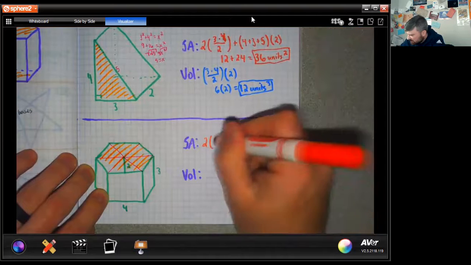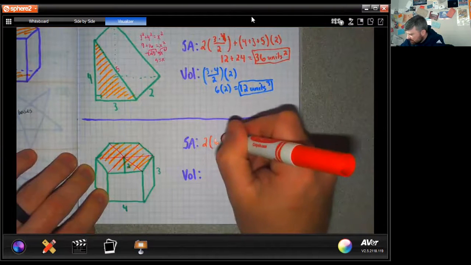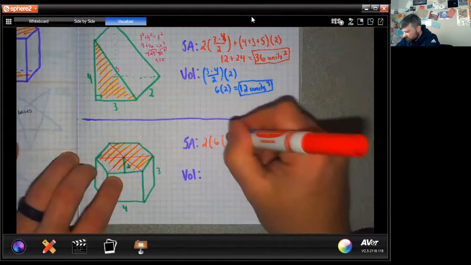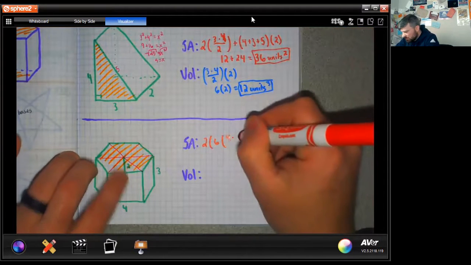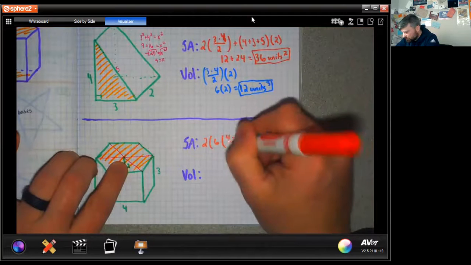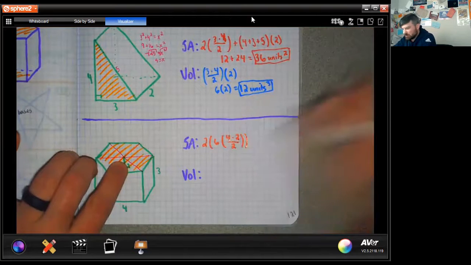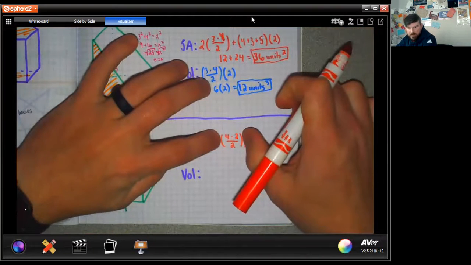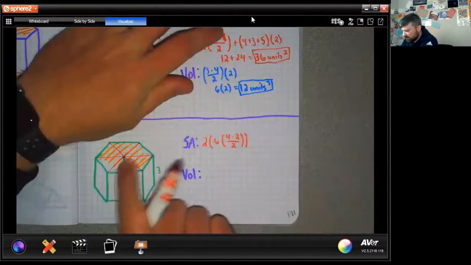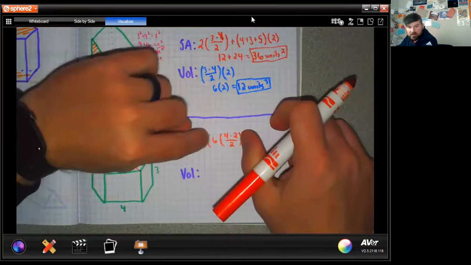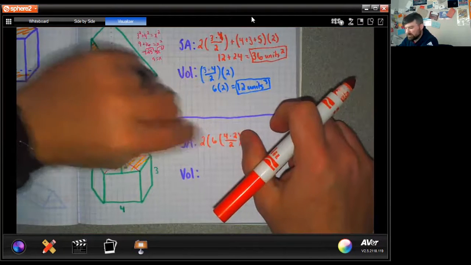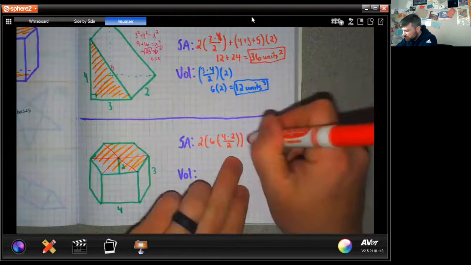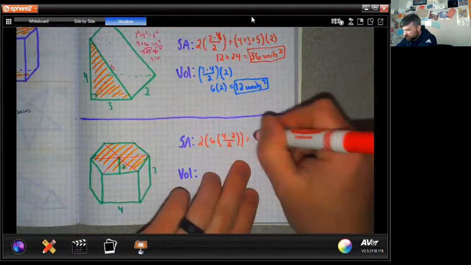So we're going to take 6 times the area of one of those triangles. So the base is 4 times the height is 2 divided by 2. That's a lot right there. But remember, this is one of the little bitty triangles. It's this triangle right here, times how many triangles there are, times your 2 bases, because you got a top and a bottom, plus the perimeter.